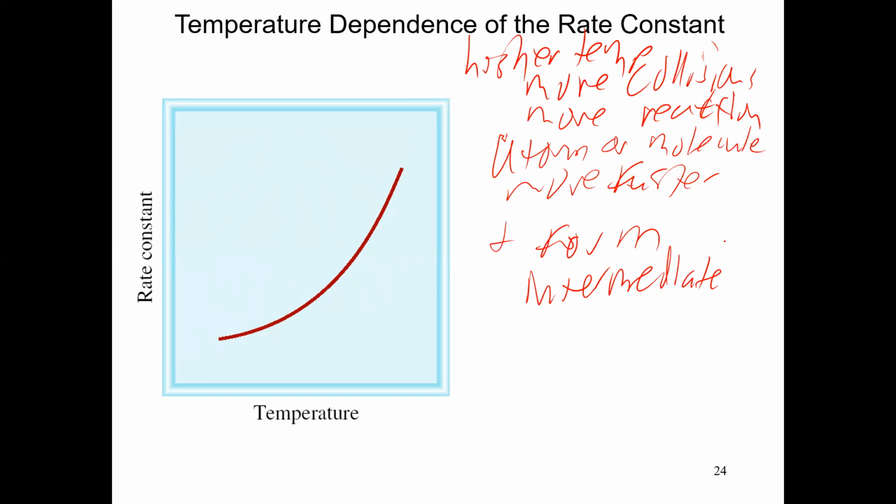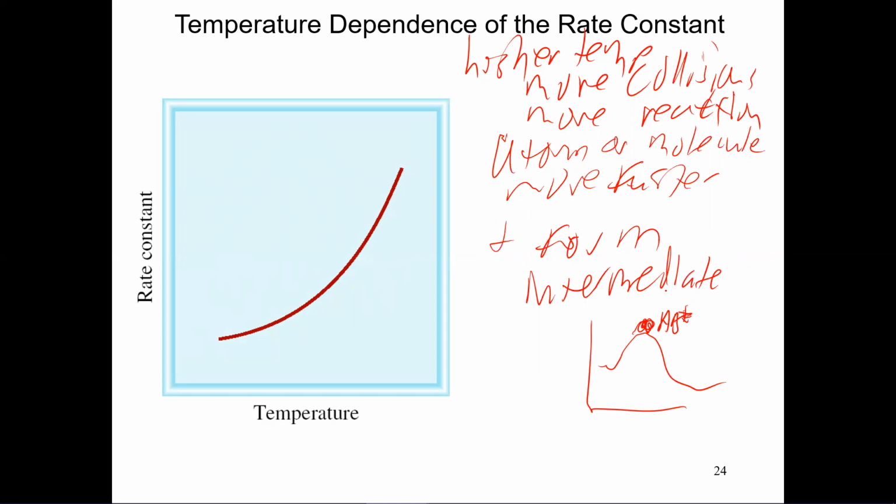And again, the intermediate is, if you look at this graph, it looks like this. The intermediate stage, this is the activation energy. This is the intermediate stage right here, and it's AD with a little asterisk up on top of there. That's the intermediate state.